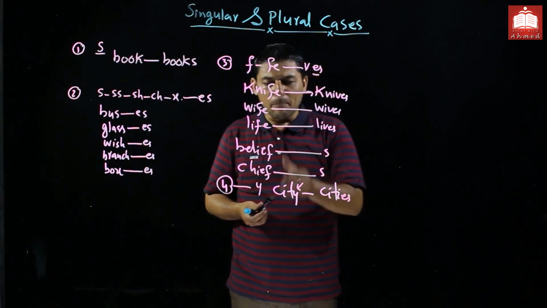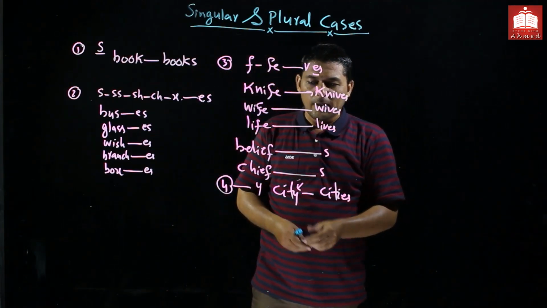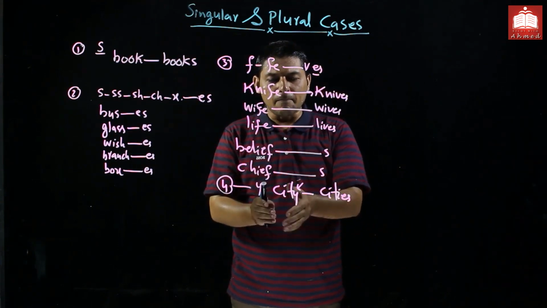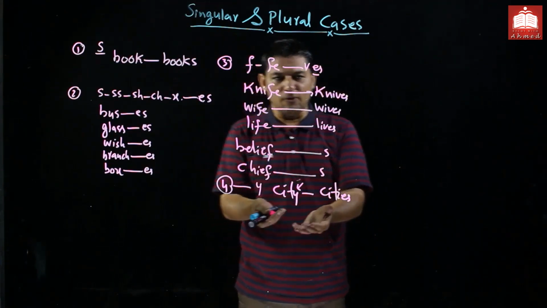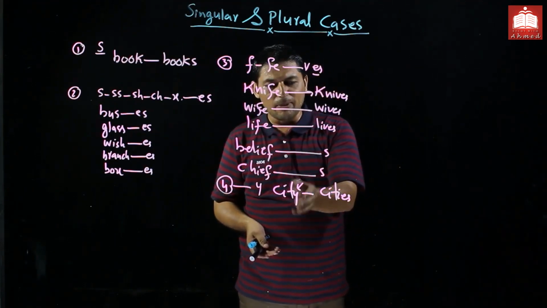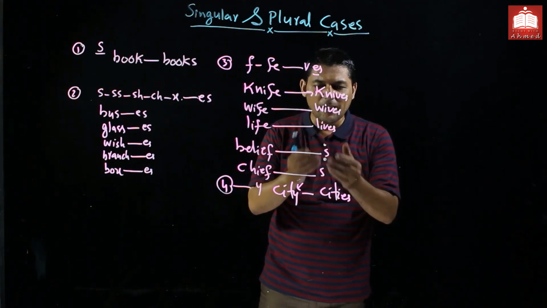Apart from this example, we have hundreds and thousands of examples: city, country, lady, industry, factory, and more. We will apply this rule. But we have one exception case, or a little change.